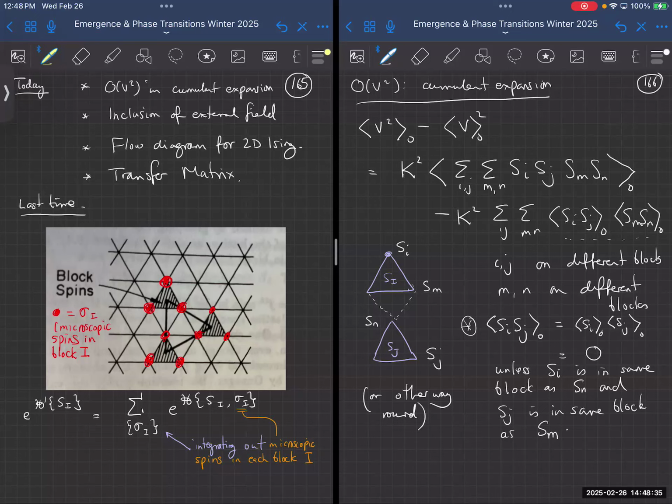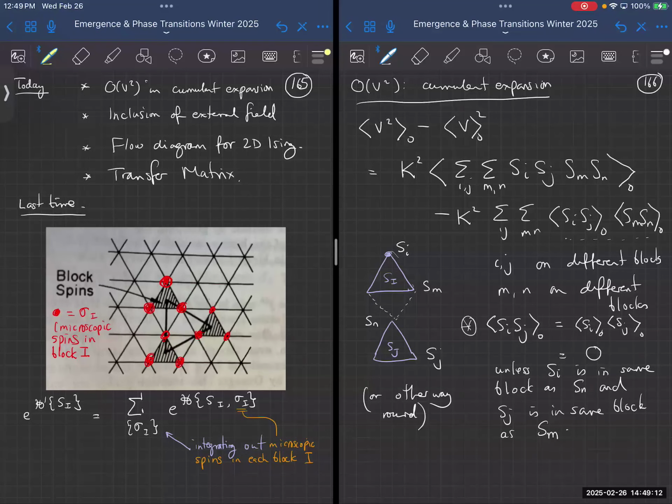I'm looking at the terms in this correlation function that are non-zero. The terms that are non-zero are ones that involve three spins in different blocks, and therefore effective second and third spin interactions. Okay, so I'm going to leave it like that and come back to this afterwards or privately.